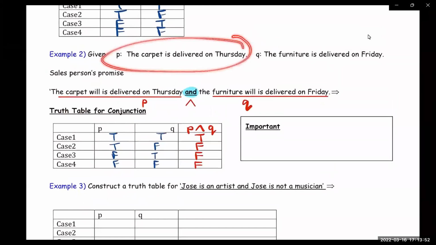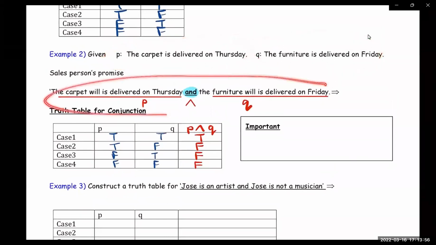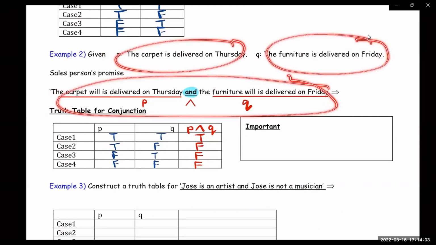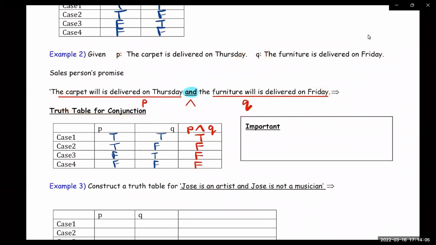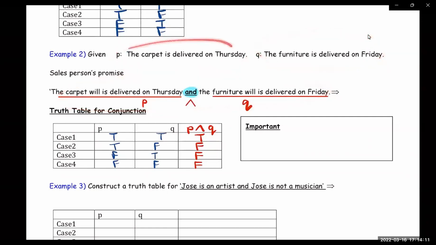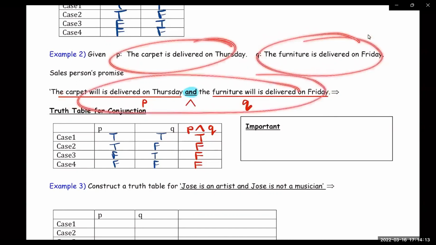But if this is true and this is false, then this is false, right? Same thing, if this is false and this is true, then this is also false. And lastly, if this is false and this is false, then this is false.